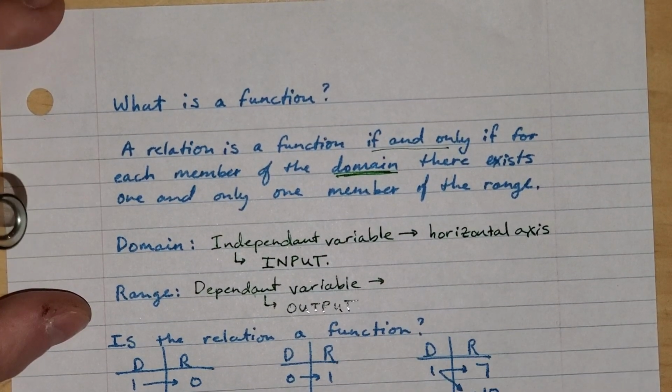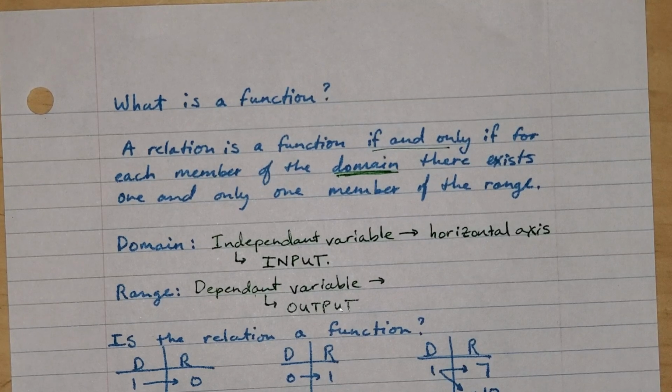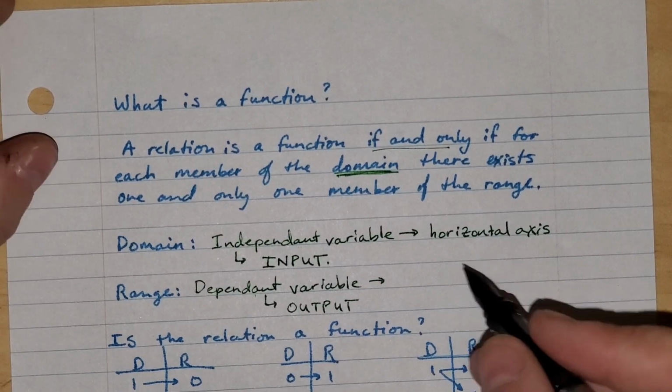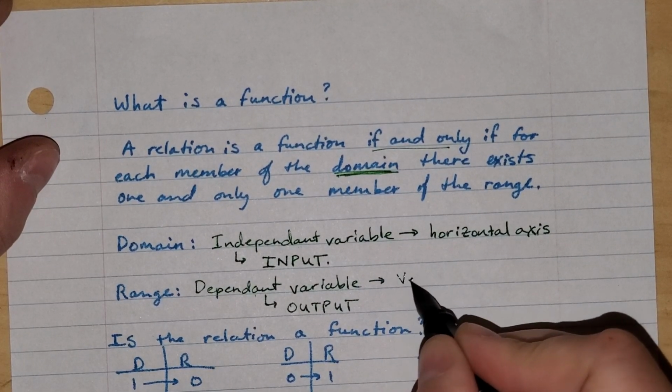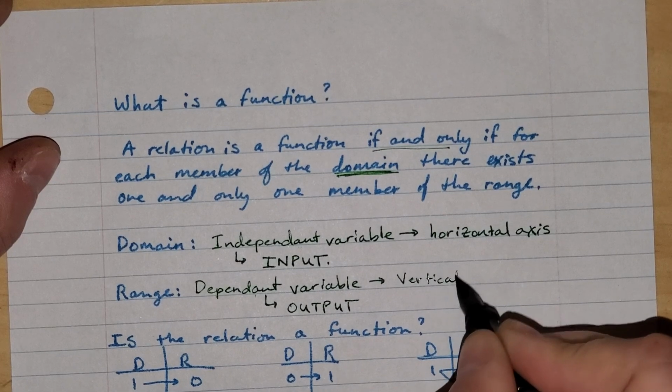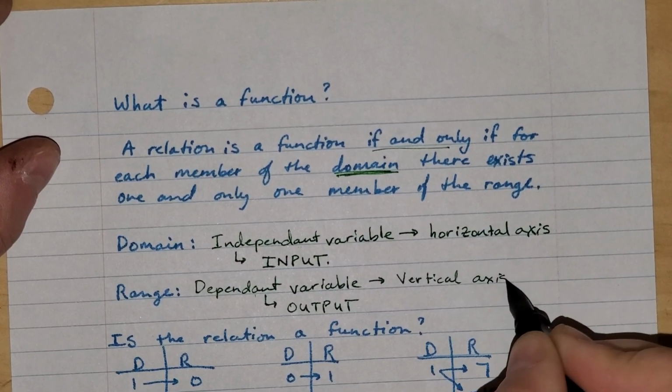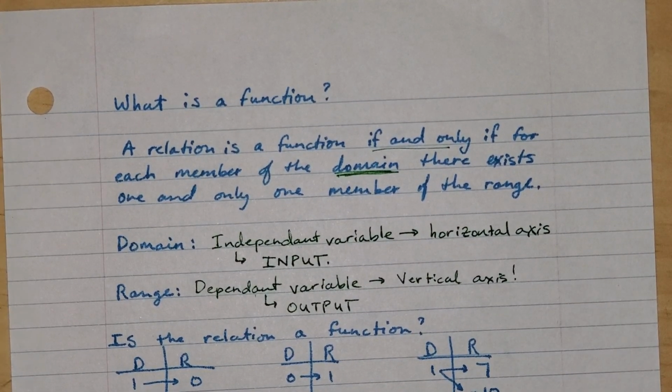If you've ever made a table of x's and y's, you plug the x values into an equation to get the y values. That makes it dependent on the x values. And this, of course, will always be our vertical axis. The vertical axis is always dependent upon the horizontal axis. So input and output.